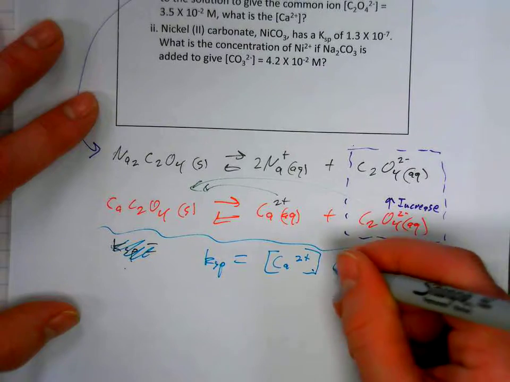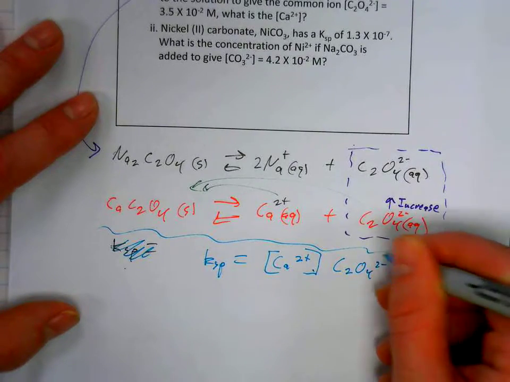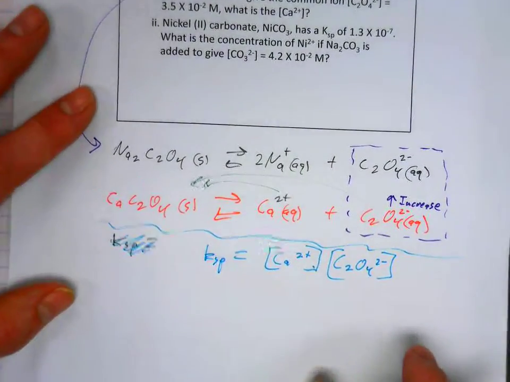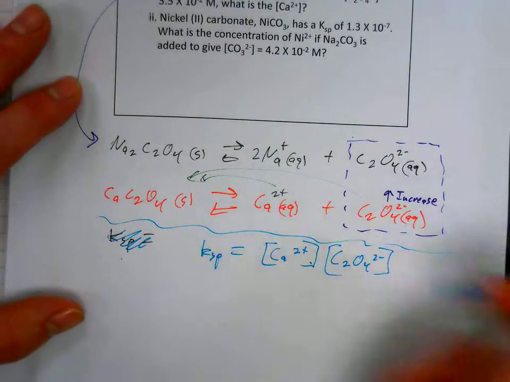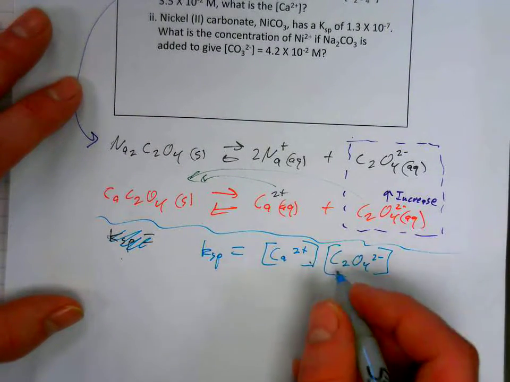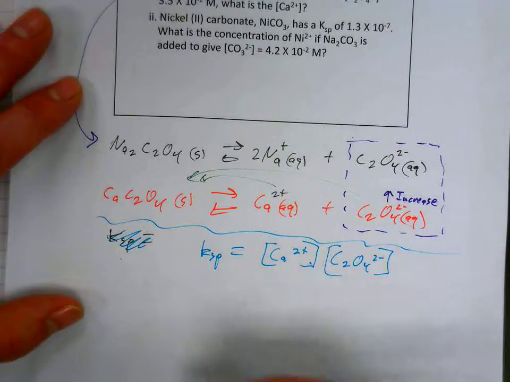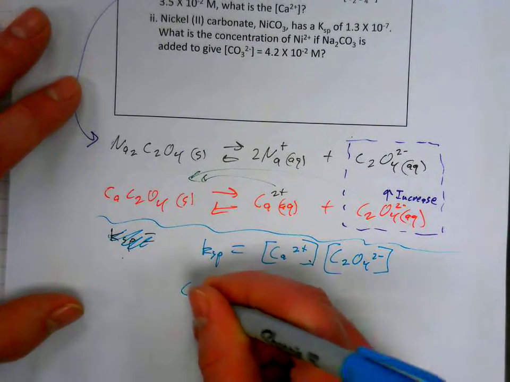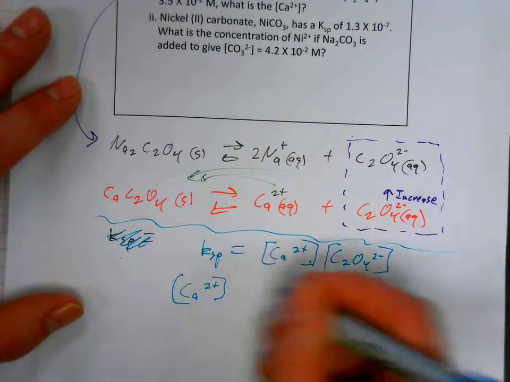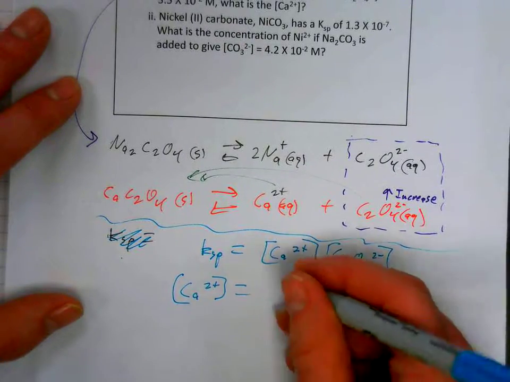And so we just solve for the unknown. We have calcium as the unknown. So calcium then is the solubility product constant divided by the chromate ion.